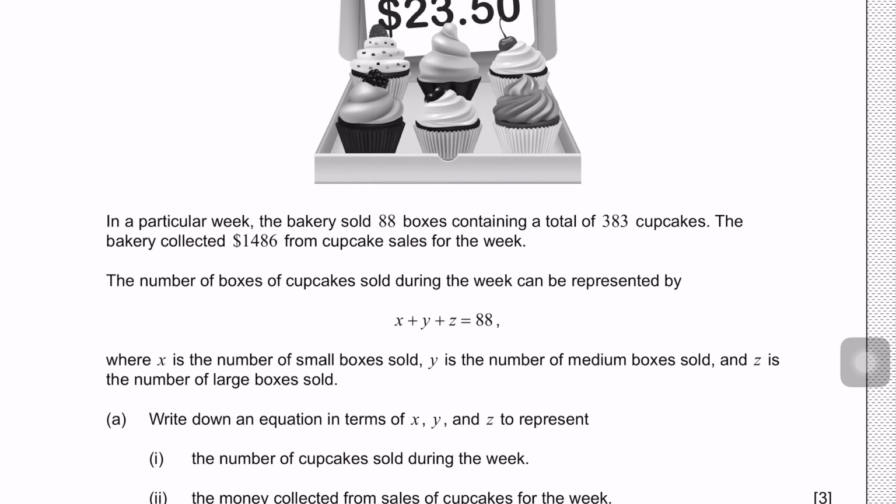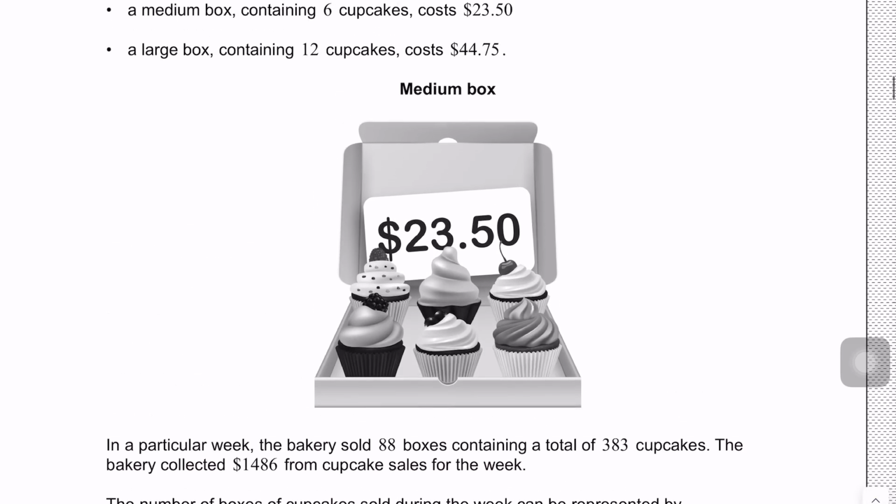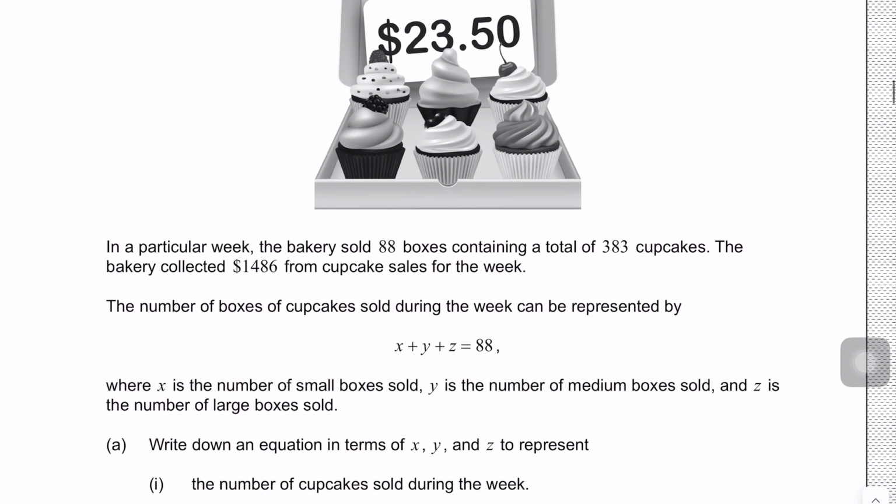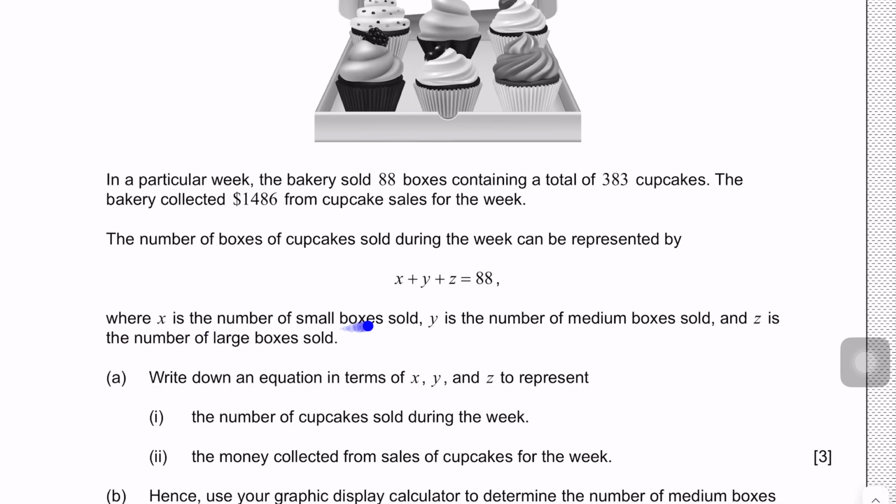All right. In a particular week, the bakery sold 88 boxes containing a total of 383 cupcakes. The bakery collected $1,486 from cupcake sales for the week. The number of boxes of cupcakes sold during the week can be represented by x plus y plus z equals 88, where x is the number of small boxes sold, y is the number of medium boxes sold, and z is the number of large boxes.